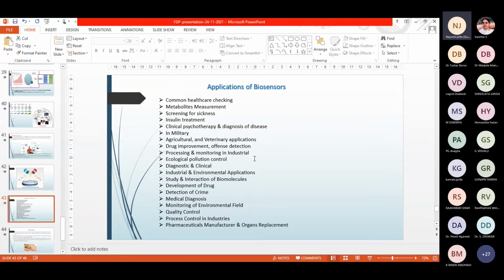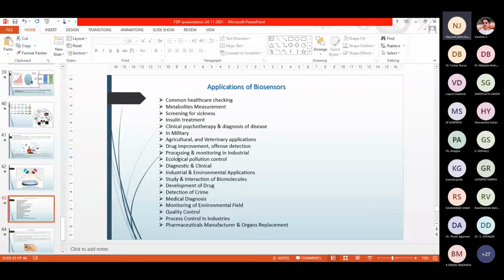Offense detection usually uses H2O2 with luminol, because they get activated in the presence of blood, heme, iron. So if any blood samples are there, the sensor will detect it.